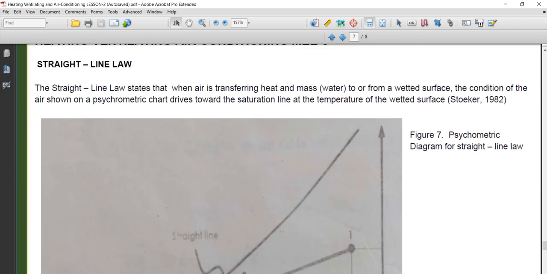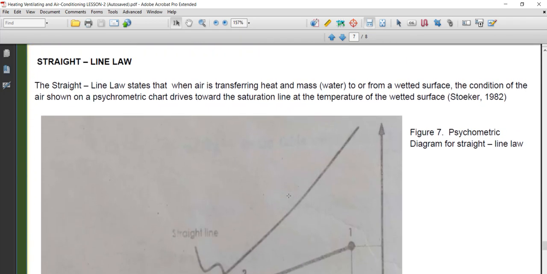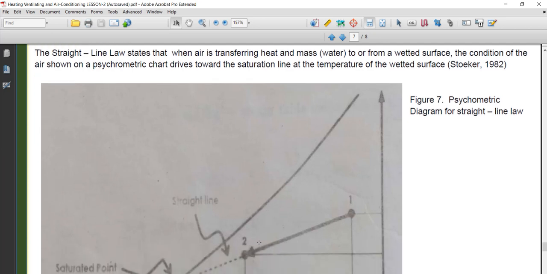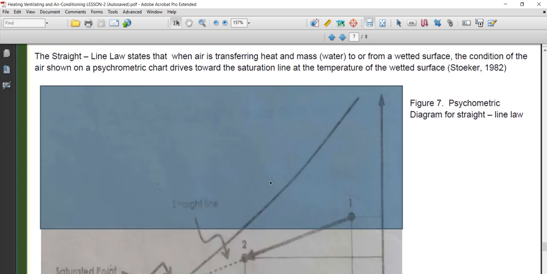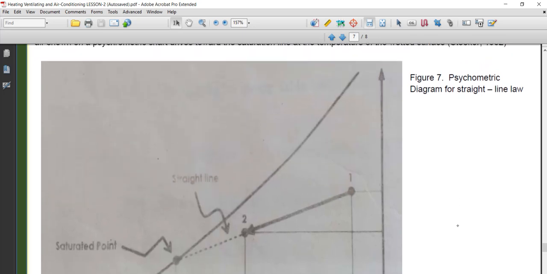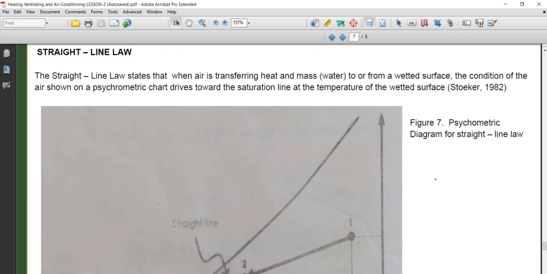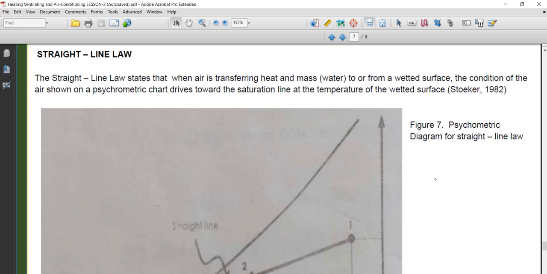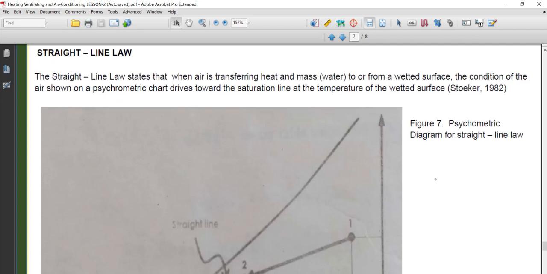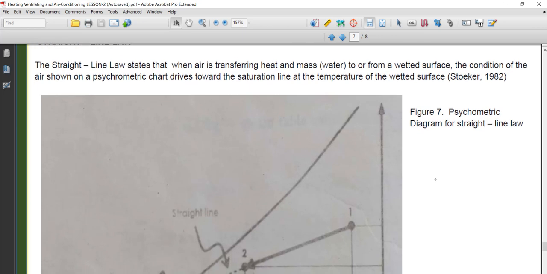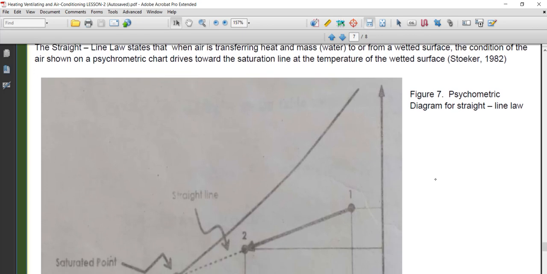Then we have the straight line law. The straight line law states that when air is transferring heat to or from a wetted surface, the condition of the air shown on the psychrometric chart moves toward the saturation line at the temperature of the wetted surface.